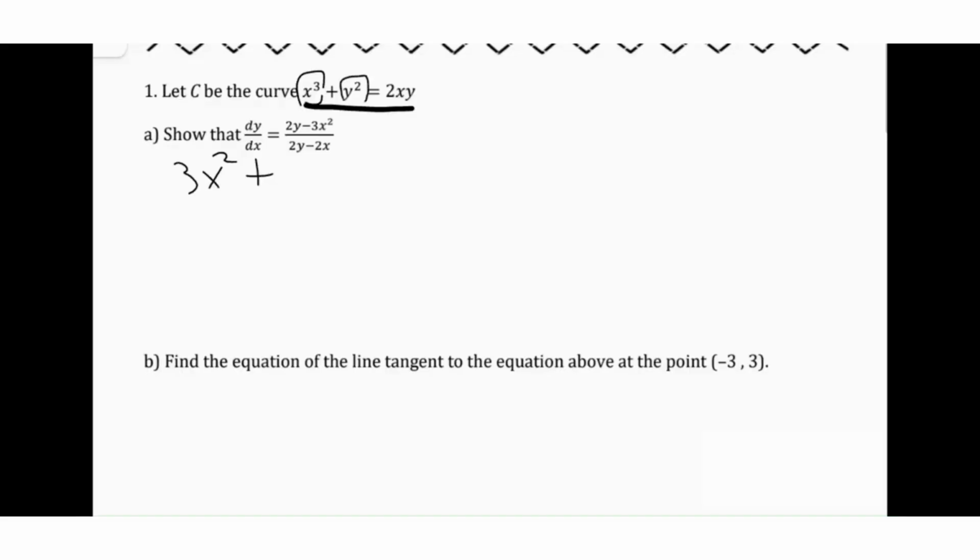Now, you're trying to find the derivative of y with respect to x. But remember chain rule, right? If I have something like 2x minus 2 squared, to find the derivative, I just treat the 2x minus 2 as its own term, so I use power rule. And then I find the derivative of the individual part, the inside part. And that's the derivative of 2x minus 2 whole squared.